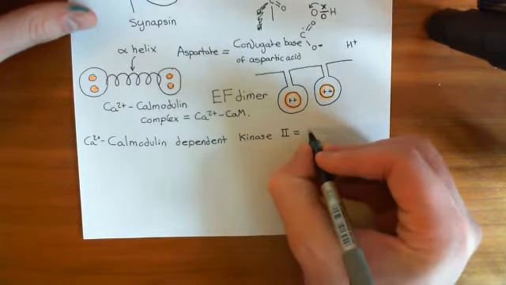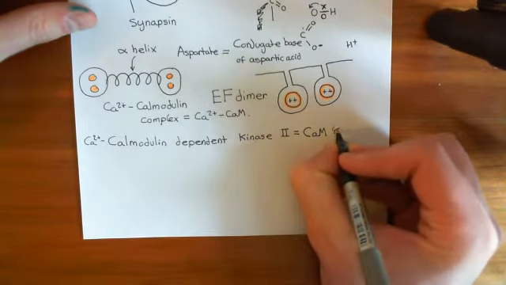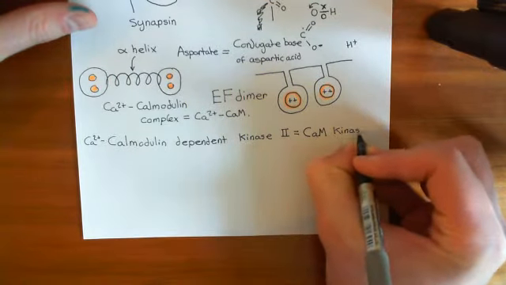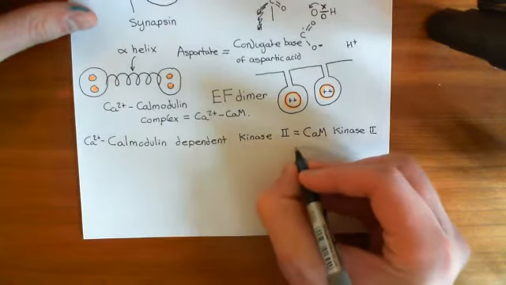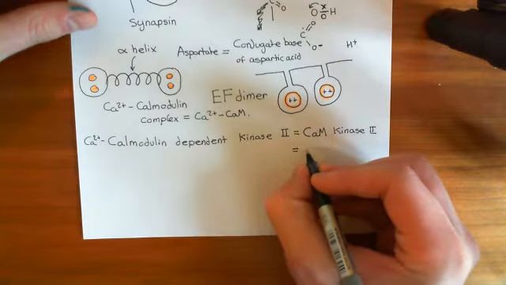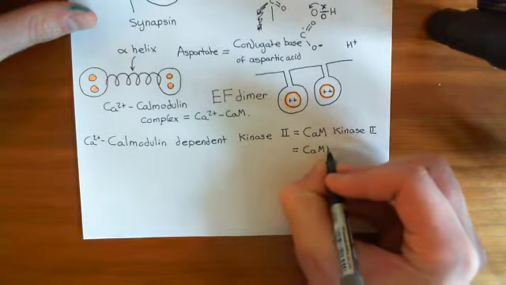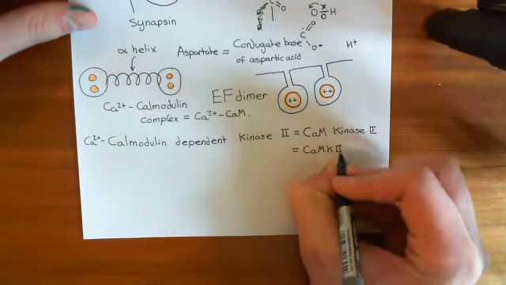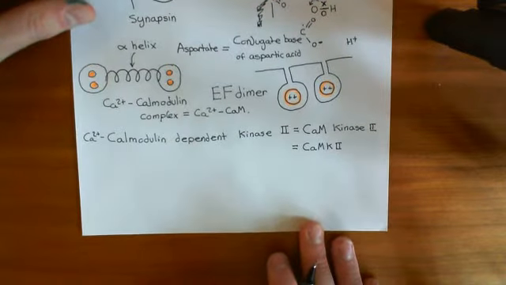Instead, it's often abbreviated to CAM for calmodulin kinase 2. So you'll often hear people refer to it as CAM kinase 2 in conversation, if you have conversations about this anyway. And in writing, what people will refer to it as is CaMKII. So when you see that written down, that means calcium calmodulin dependent kinase 2.